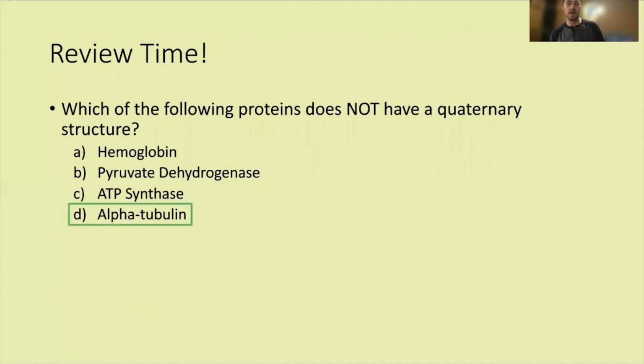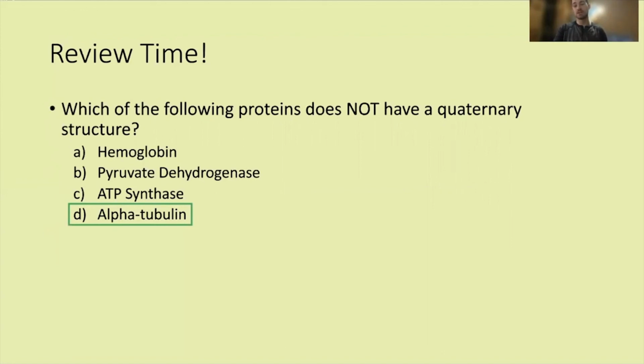So let's go over it. A, hemoglobin is actually what we just discussed. It's actually made of 4 subunits that are not bound by peptide bonds. So that does have a quaternary structure. And the other 2, pyruvate dehydrogenase and ATP synthase, are 2 very complex proteins. And they definitely have multiple subunits.